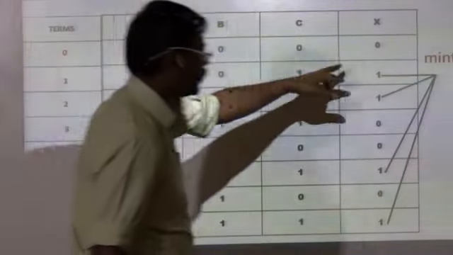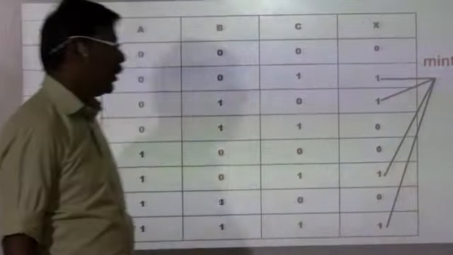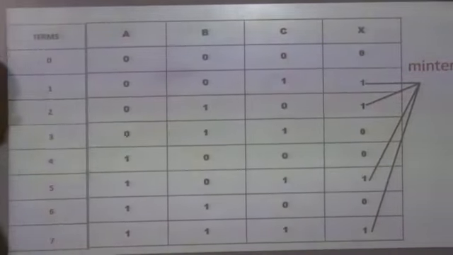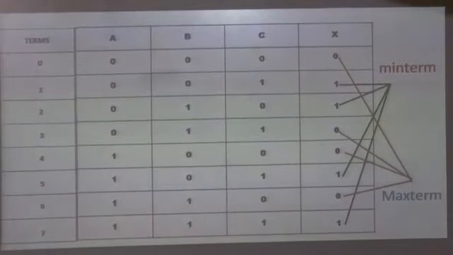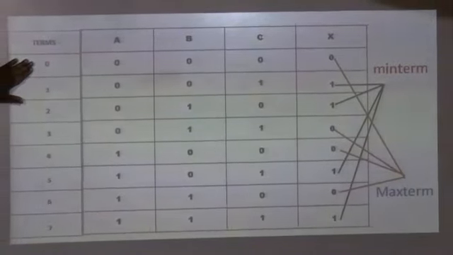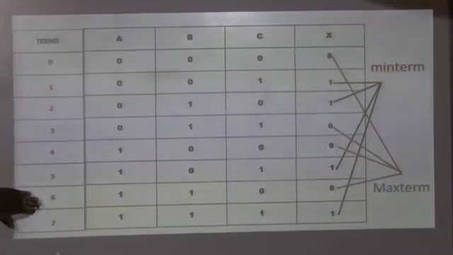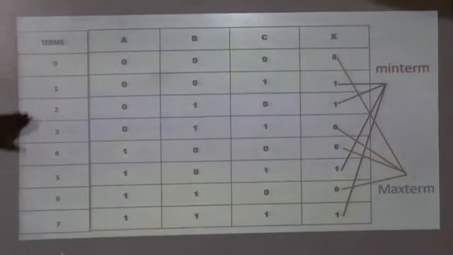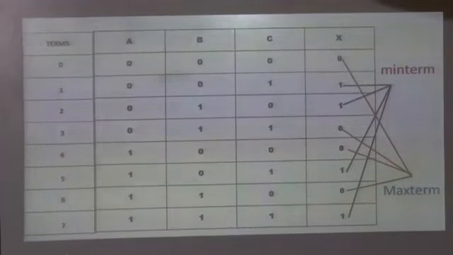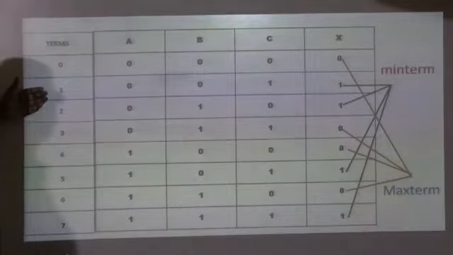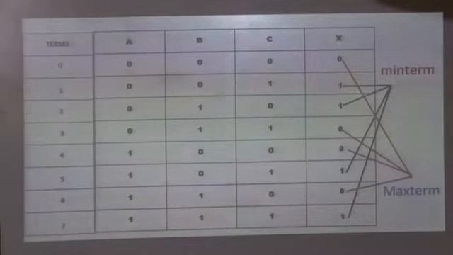And wherever we have got zeros, zeros are max terms, that is POS. So we have got zeros in term 0, then in 3, in 4 and in 6. So 0, 3, 4 and 6 are the max term values, while the rest, 1, 2, 5 and 7, are min terms.